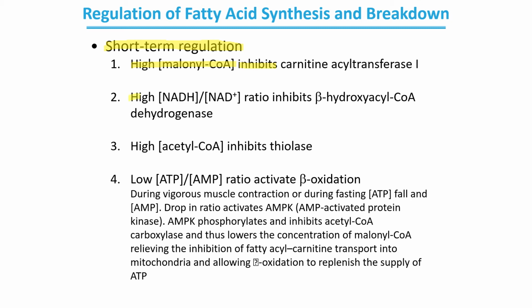High NADH, or we can also say a high NADH/NAD ratio, will inhibit beta oxidation as well by causing the inactivation of the enzyme beta hydroxyacyl dehydrogenase, and high acetyl CoA as well. This will also inhibit one of the enzymes of beta oxidation, the last one, which is thiolase.